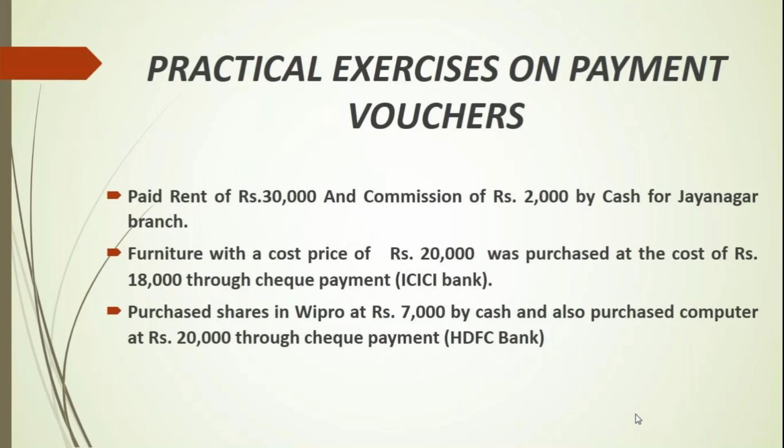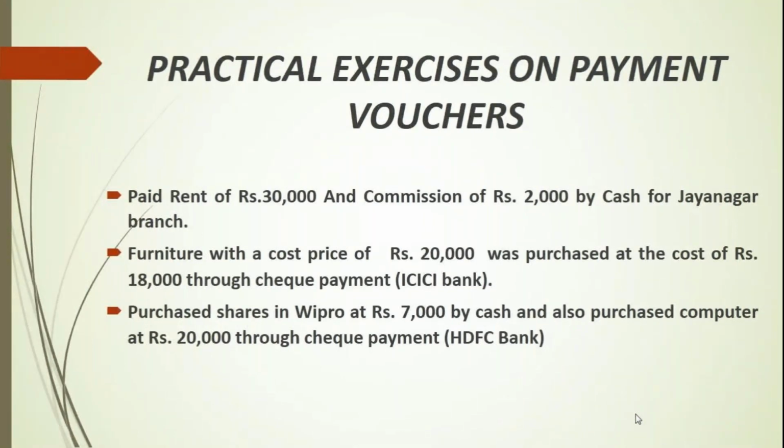So this is the set of payment vouchers which we'll be doing. Now, the first one: we have paid rent of 30,000 and commission of 2,000 by cash for Jayanagar branch. So here in this transaction, we have to make a small observation.